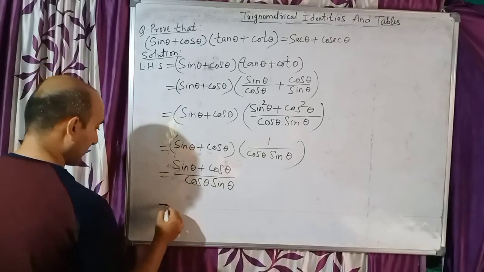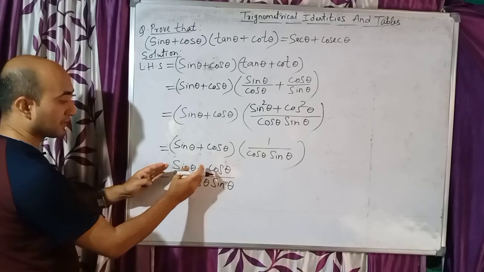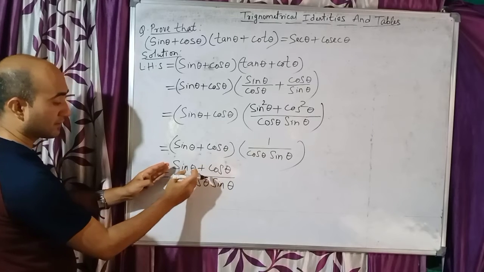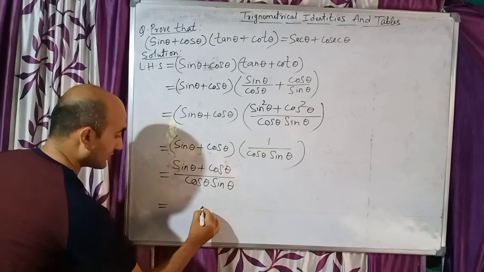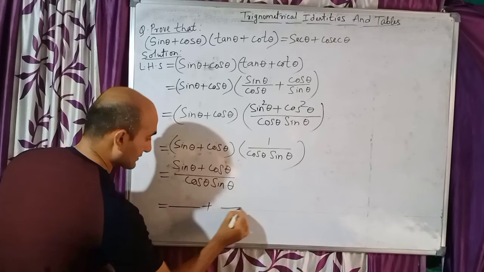The very creative step will be this: you separate this plus symbol into two parts. Write this plus here in the middle and separate it into two parts.